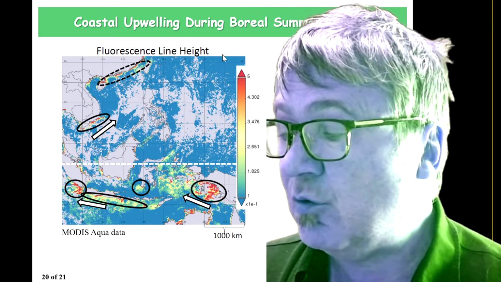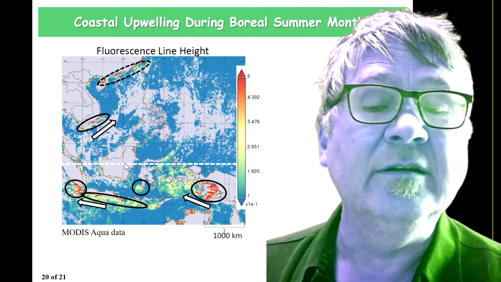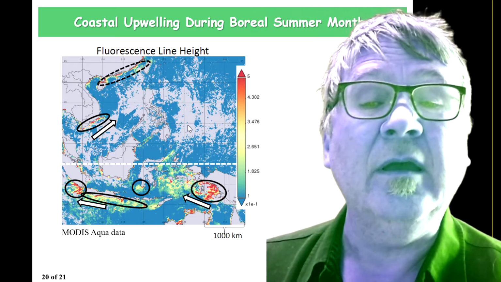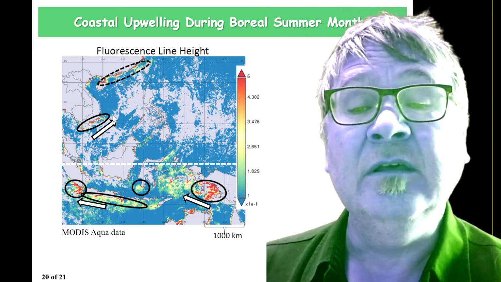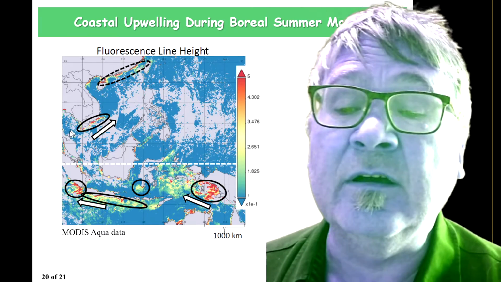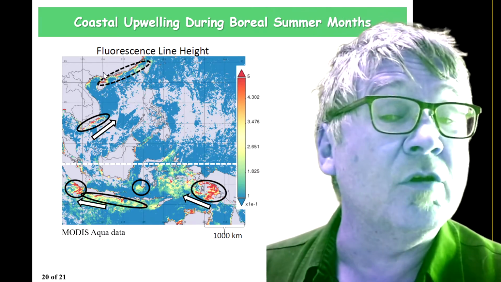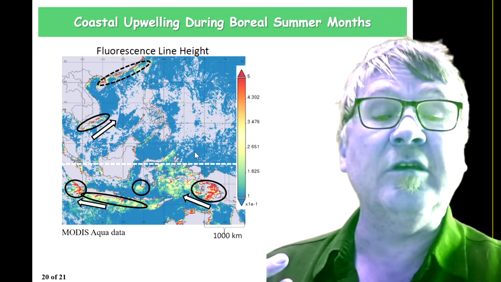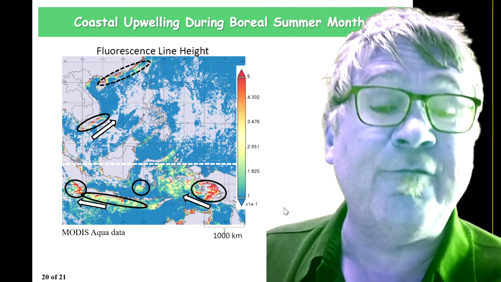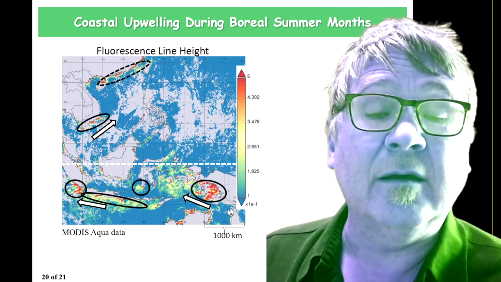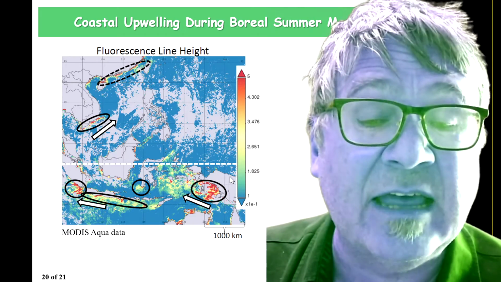And the equator is shown here by this white dashed line, and you can identify coastal upwelling along the southern coast of Vietnam and along the coast of China. South of the equator, you can identify other upwelling systems, the Arafura Sea upwelling, and we'll talk about this in the next lecture.